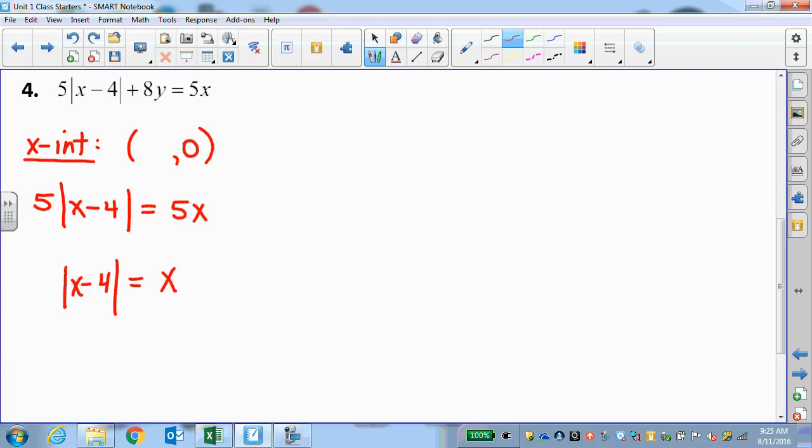Close. Very close. So you've got the right idea. Remember that absolute value, you've got to do two separate equations. Just think, when I have the absolute value of x equals 2, what could x equal? X could equal 2, or it could equal -2, because remember that random mathematician at some point said put straight lines over a number, it becomes positive. So if I put straight lines over -2, then it's going to become +2.